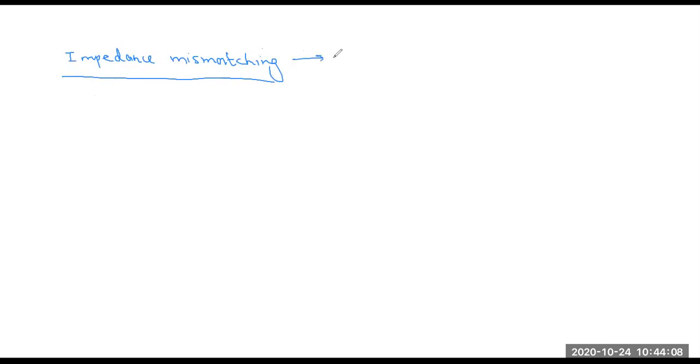So this is the problem, and the solution is, or they are also known by the name of impedance tuning circuits.